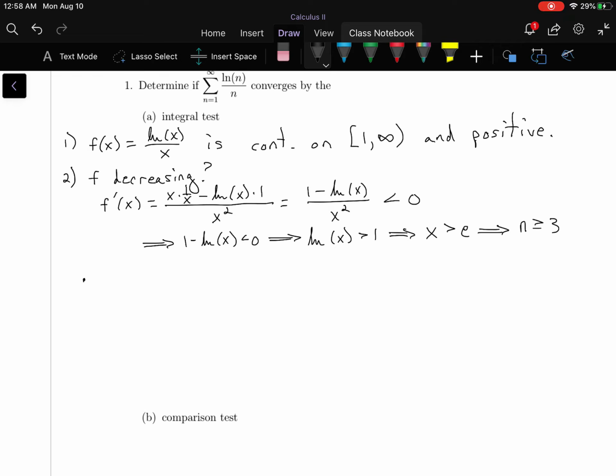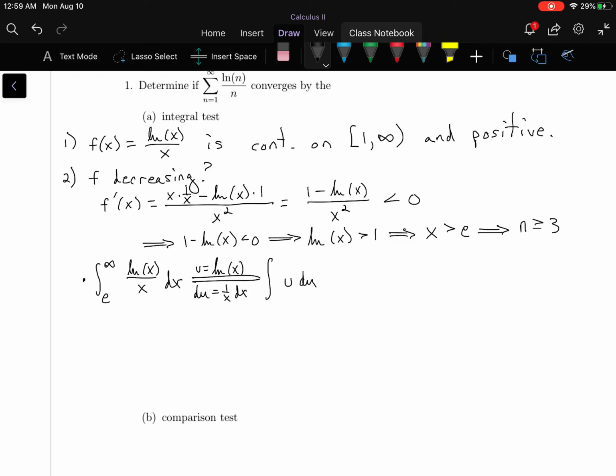And so the integral test says we want to look at the integral from e to infinity of the natural log of x over x dx. Looking at this integral, I see that u substitution would be a great method to use, where u is the natural log of x, and du is 1 over x dx, which gives us the integral of u du.